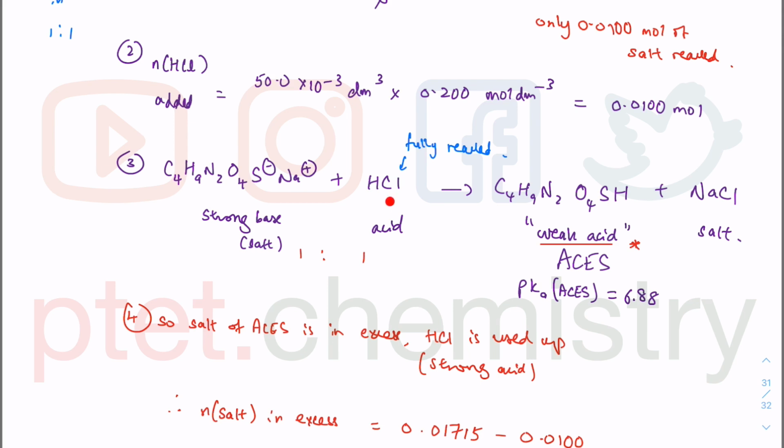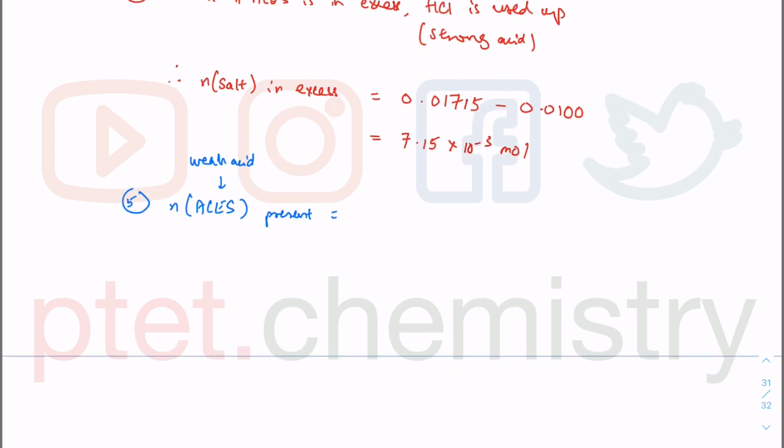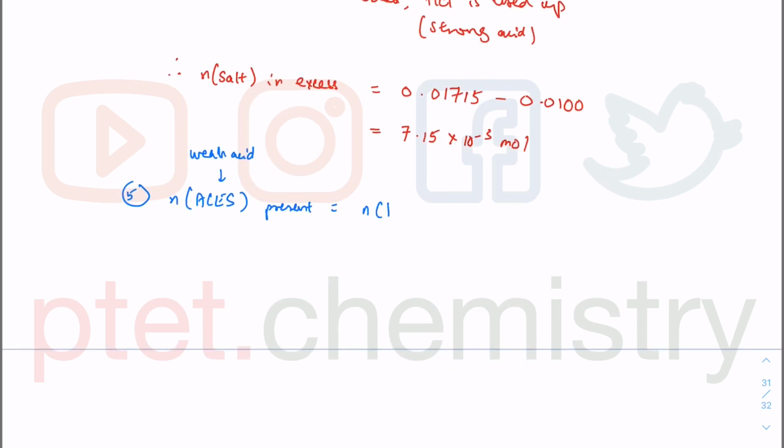If you have 1 mole of these fully reacted, you get 1 mole of these. So I know 0.0100 mole of HCl fully reacted, so I'll get 0.0100 mole of the weak acid. It's going to be equal to the mole of HCl fully reacted, and that is equal to 0.0100 mole.